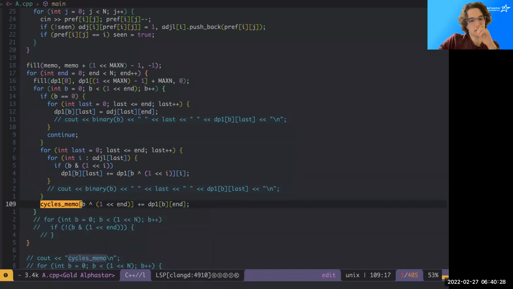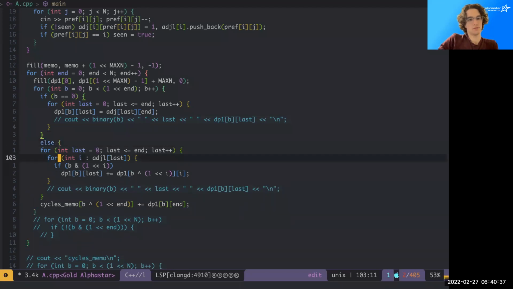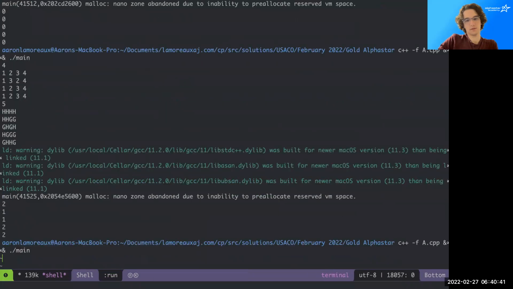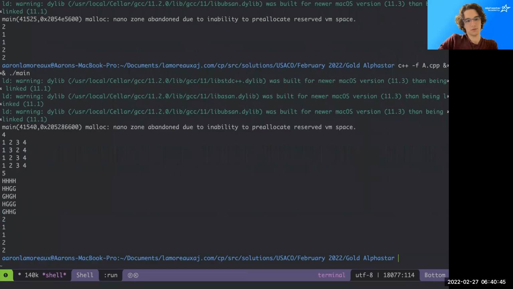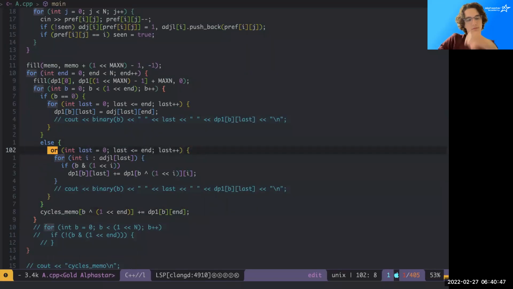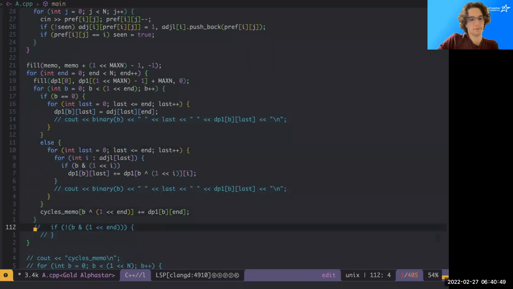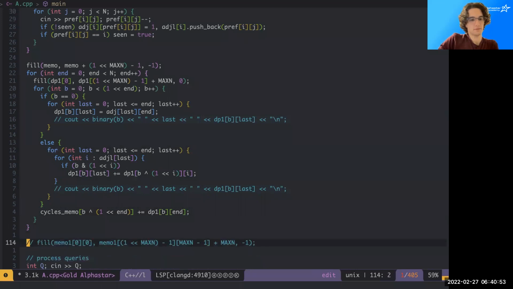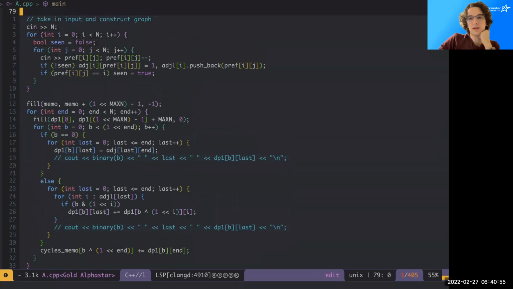How does that not work? Oh, because we continued. Else there. Okay. What if we tried implementing the other part iteratively as well?